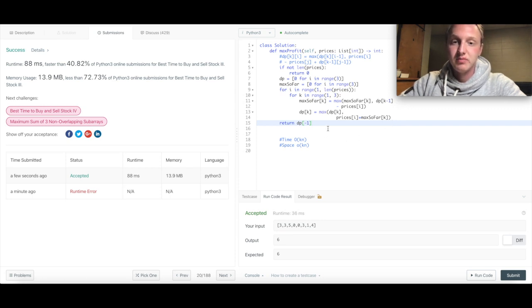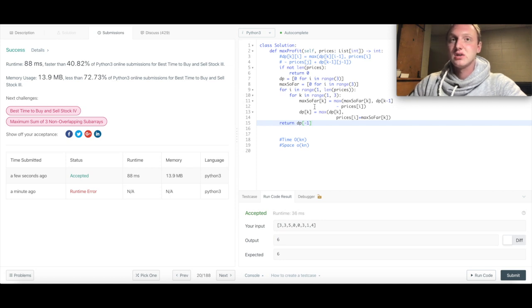So essentially what we're doing, we're calculating max so far for each of our transactions. In the first solution we were calculating max profit for all of the days at one transaction and then all of the days at the second transaction.